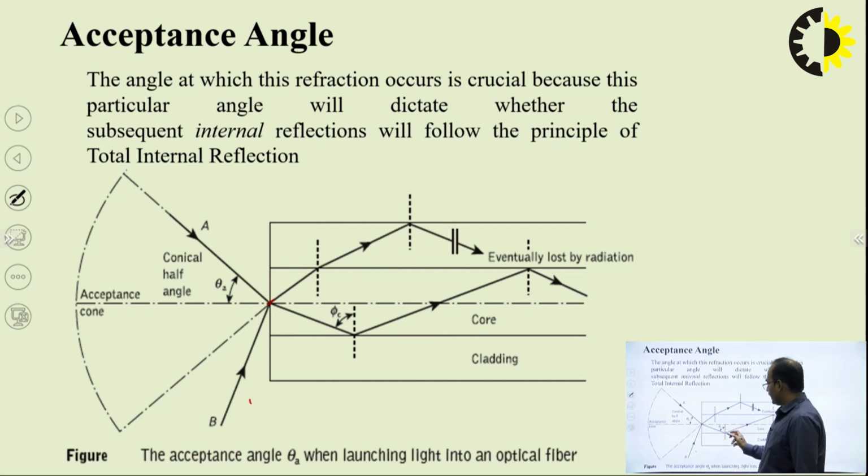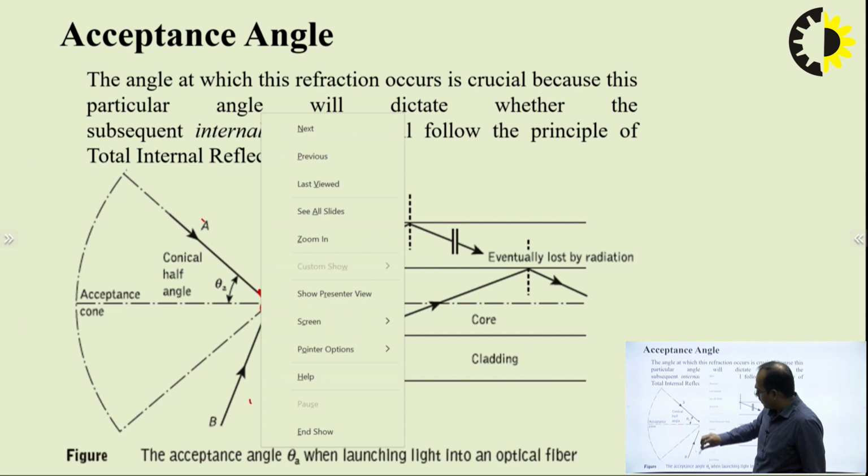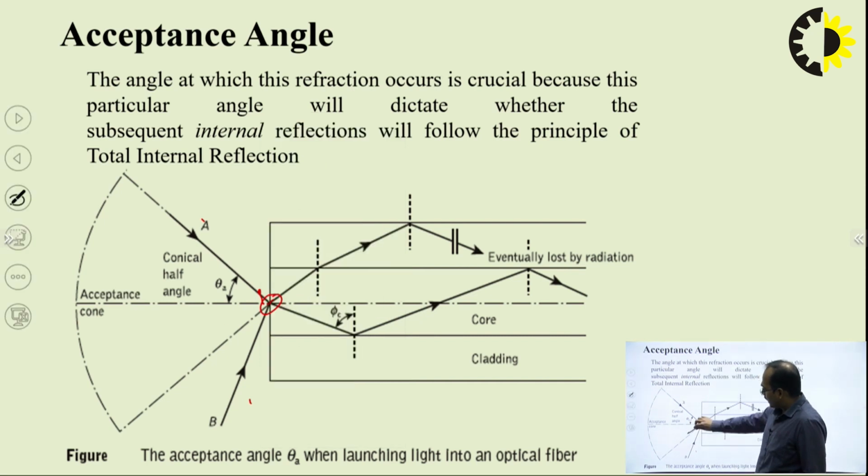So how will you find this acceptance angle? Acceptance angle tells at which angle you are making the incident ray fall on the core. If I am moving from this angle to this angle, then the total internal reflection phenomenon will occur.